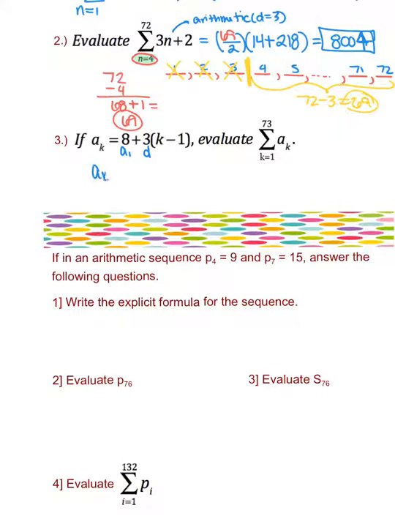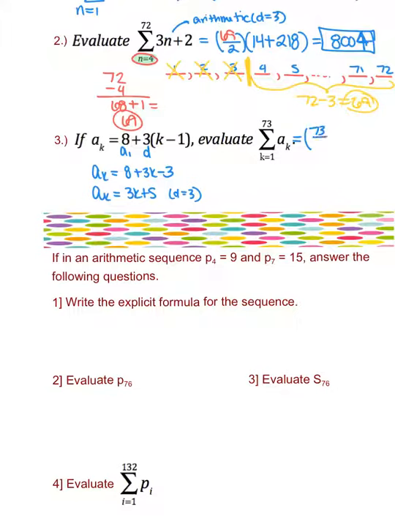If I clean this up, you'll see you've got 8 plus 3k minus 3. So a sub k is equal to 3k plus 5. And then I can see this is an arithmetic sequence, and I can see my common difference is 3 in that slope, but some of you may have recognized that right away. So if I evaluate my series, I'm starting at 1, so that makes this easy.